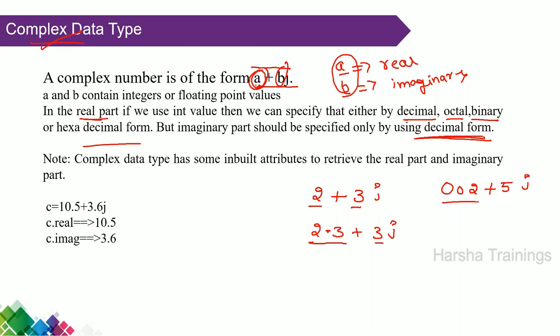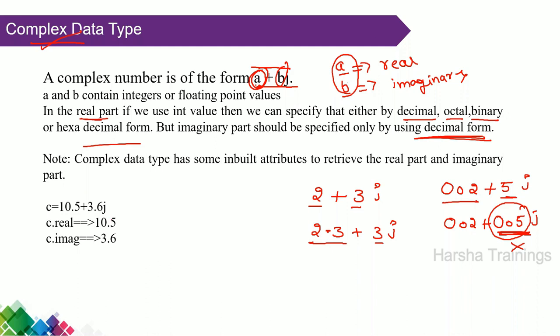This is an octal number, and this is the decimal number. But 002 plus 005j is not allowed. In the imaginary part, only decimal numbers are allowed. Other than decimal, no type is allowed.